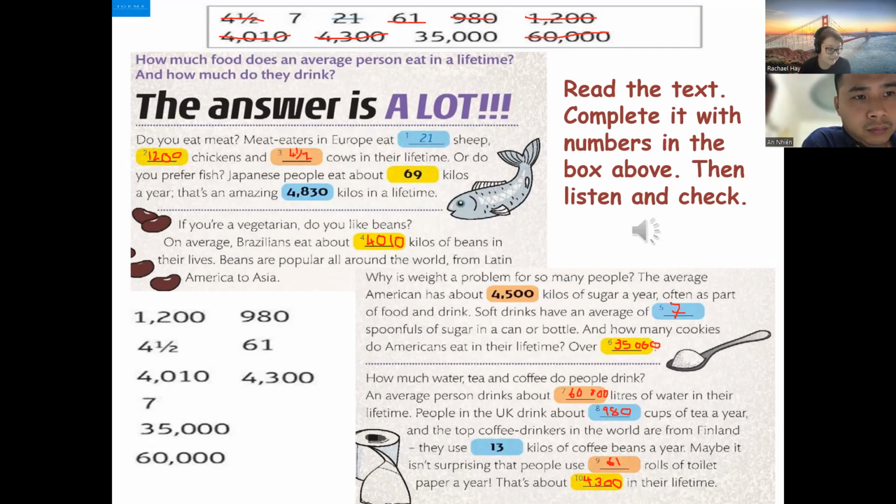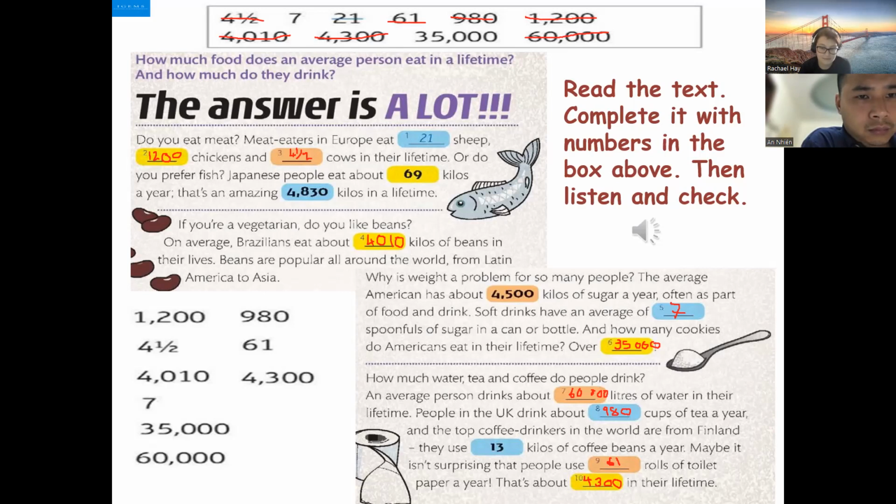The average American has about 4,500 kilos of sugar a year, often as part of food and drink. Soft drinks have an average of 7 spoonfuls of sugar in a can or bottle. And how many cookies do Americans eat in their lifetime?